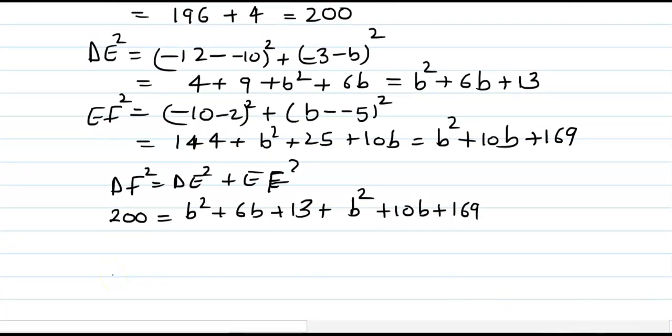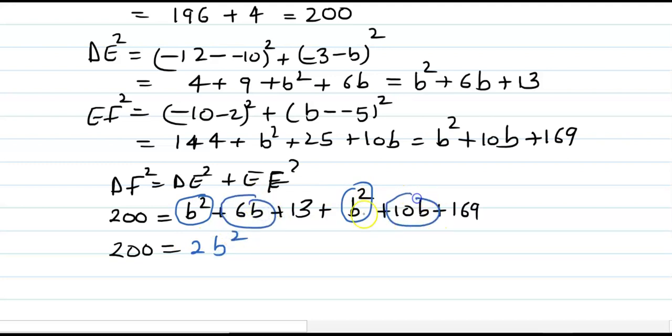Let's simplify it. So this is 200, this b square and this b square becomes 2b square. Plus 6b and plus 10b becomes 16b. And 13 plus 169, if you add them, it will be plus 182.